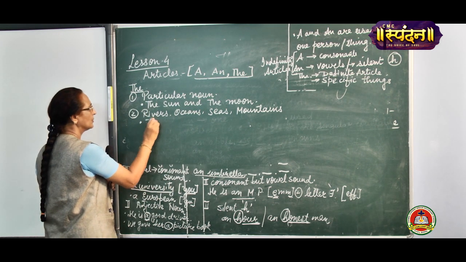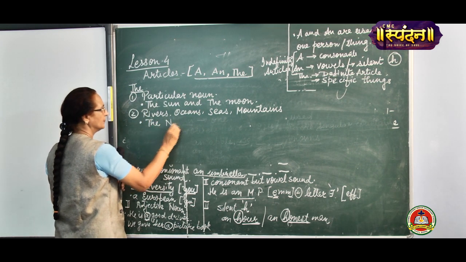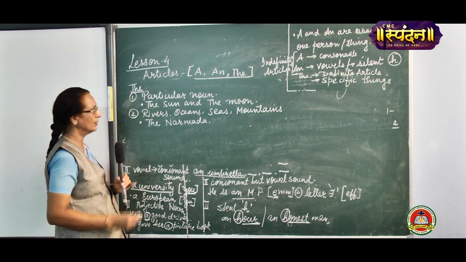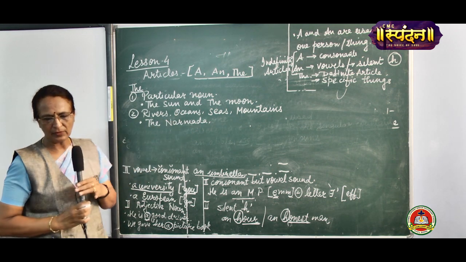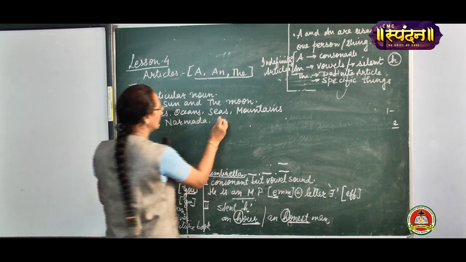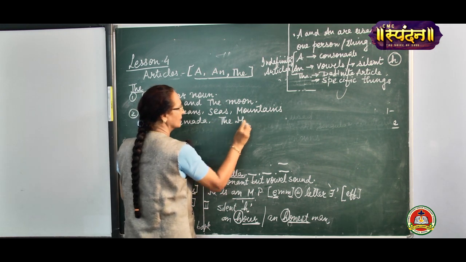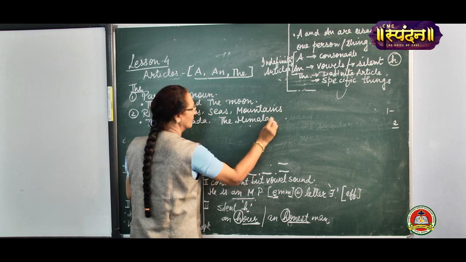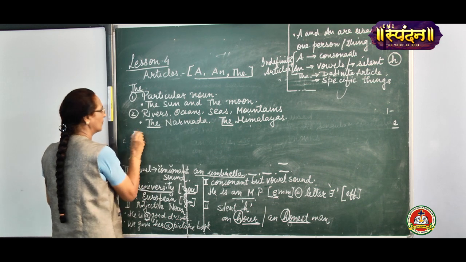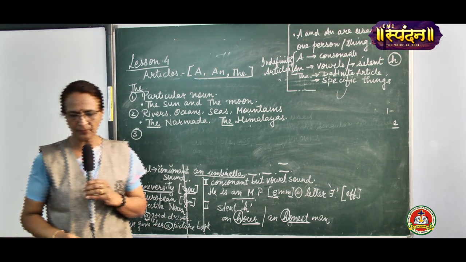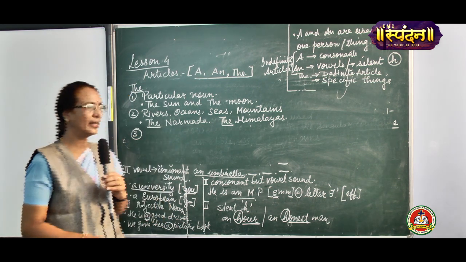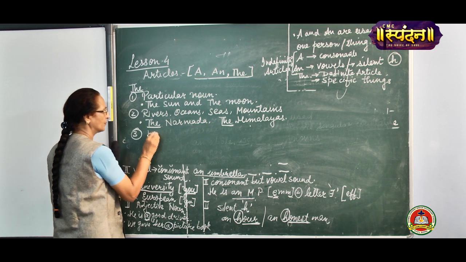When you talk about rivers, the Narmada, the Ganga, the Yamuna; oceans, we will say the Pacific Ocean; the Himalayas, because they are one of its kind. Is that clear, children?